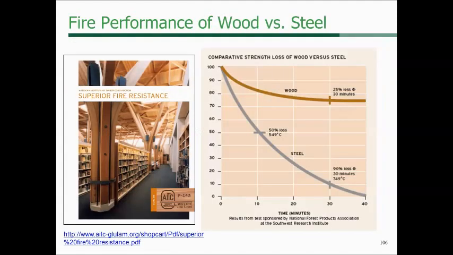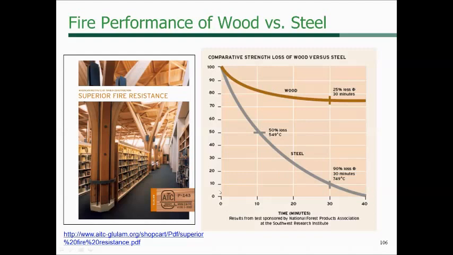Now this actual test, you can download the actual publication that explains the test using this link. But as I mentioned, we have both members at 100%, meaning they are both the same structural strength, comparative strength. And then we have the glue-laminated timber represented in the brown color, and the steel represented here in the gray.